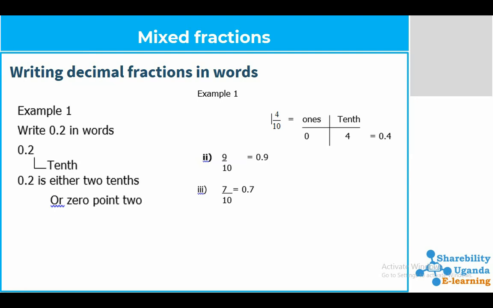So when you have a 0 here or any other number, when it comes to reading this, the figure on the left hand side becomes the ones, then the number after the point, we read it as tenths.